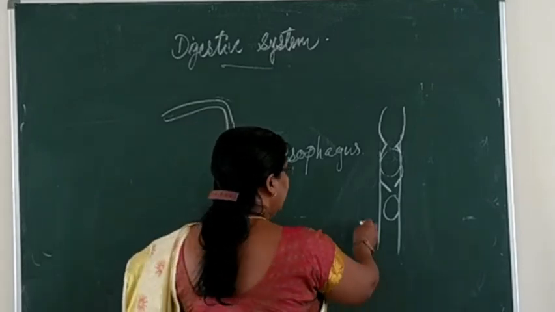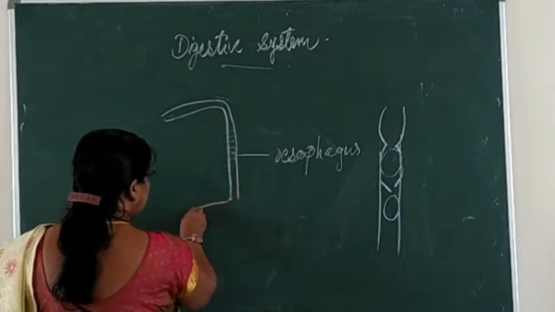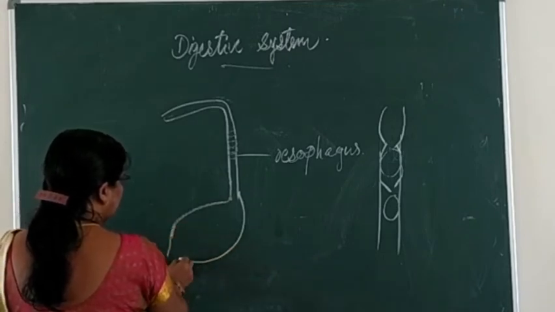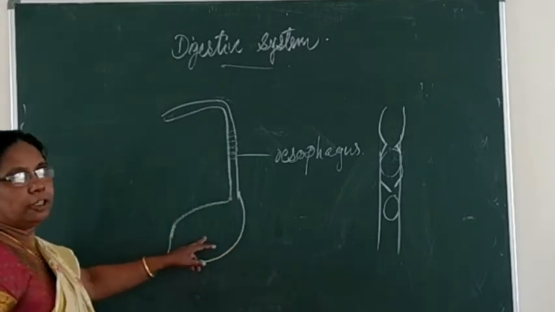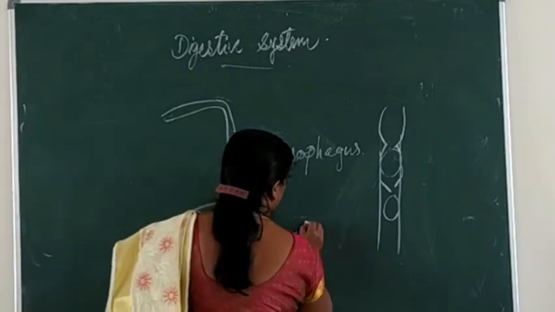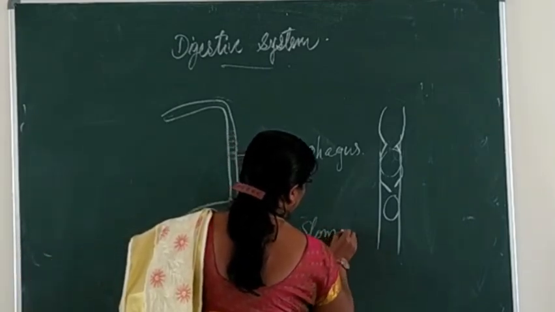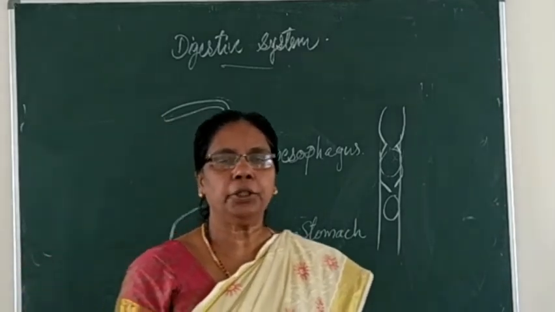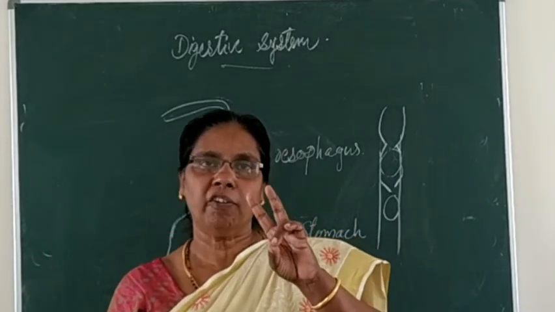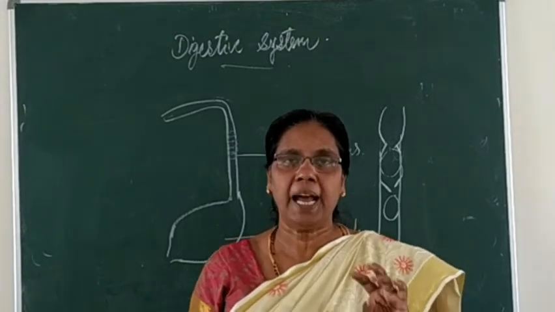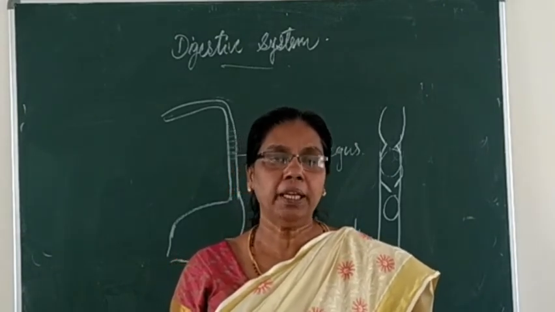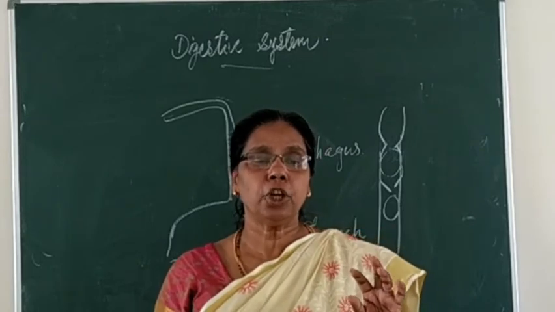Okay, so here it will next reach a muscular bag-like structure. This is nothing but what? Stomach. So in the stomach, usually 3 to 4 hours the food will remain. And what's the process? A continuous churning process will be going on in the stomach.